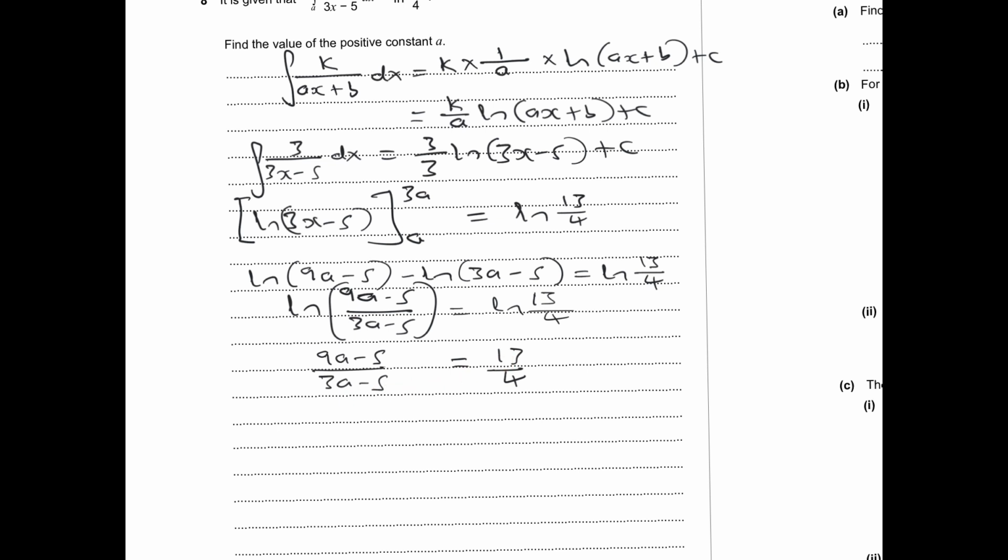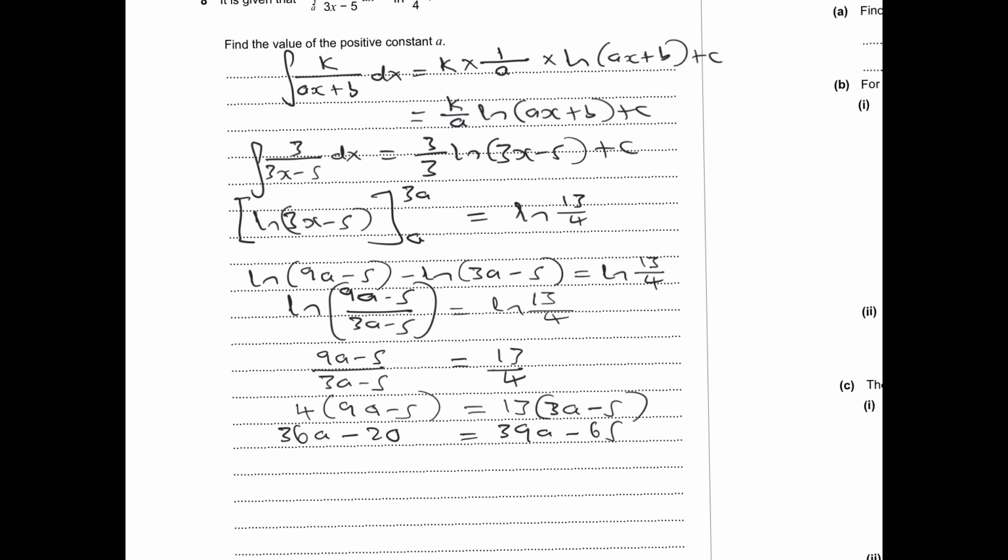All right, so let's have it. 4 times (9a minus 5), that will give me 36a minus 20 equal to, or let me not, for your understanding, let's not skip this step. 4 times (9a minus 5) is equal to 13 times (3a minus 5). What are you going to get? We are going to get 36a minus 20 equal to 39a minus 65.